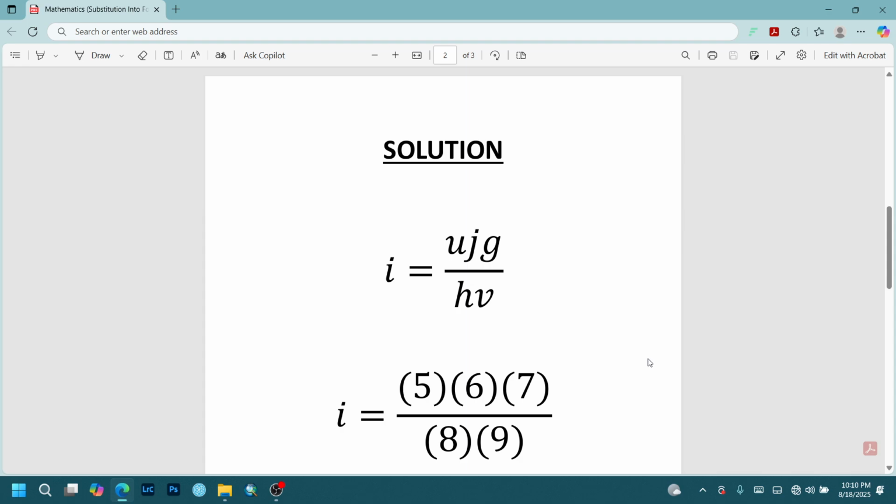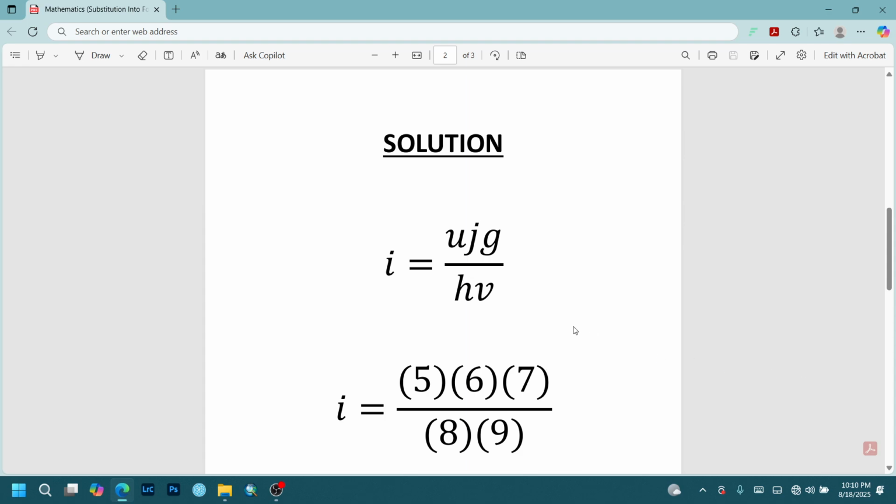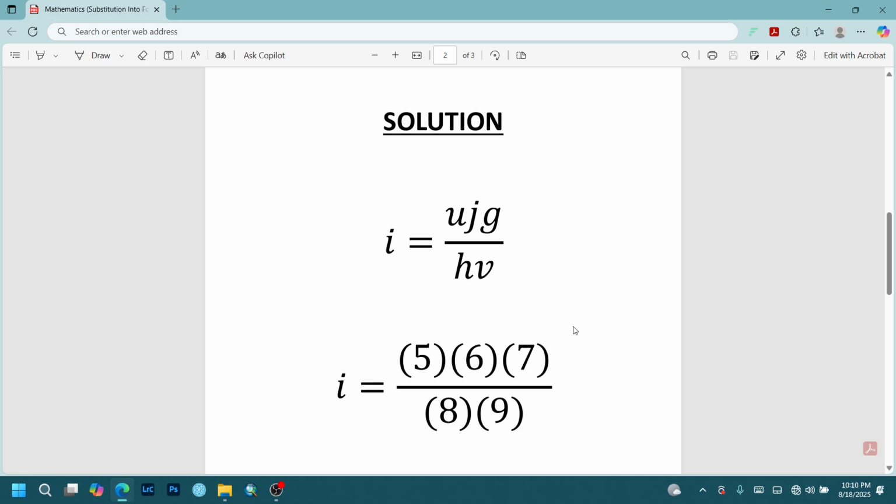So our I is going to be I equals the fraction, where we insert the values into the equation. So I is going to be the fraction 5 multiplying 6 multiplying 7, okay, by 8 multiplying 9, which is HV, right?